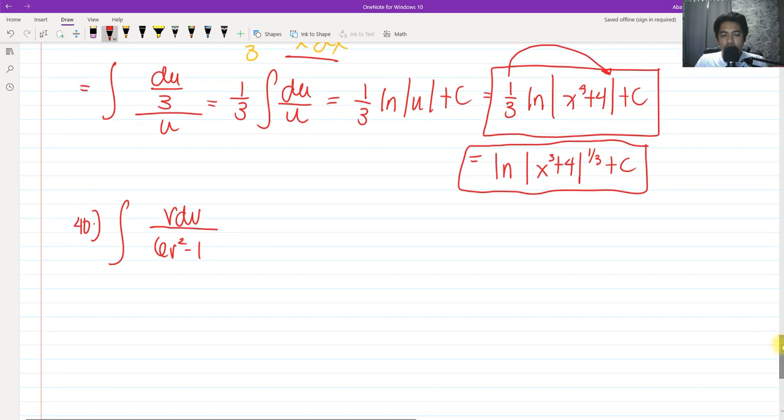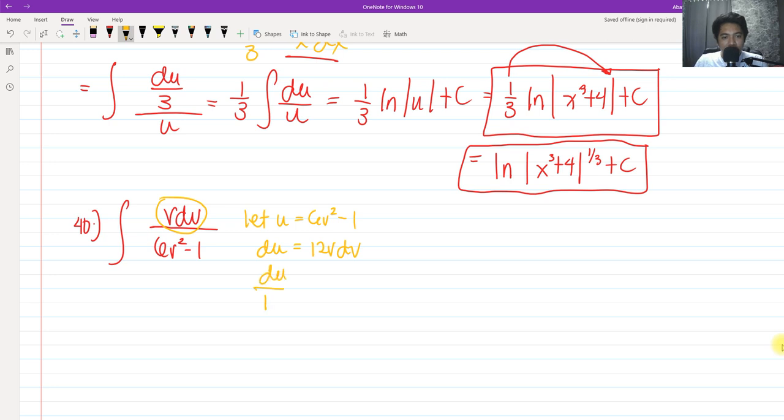Actually, this is a simple u substitution because we have v squared and then we have v on the numerator, so we can let u equal 6v squared minus 1, then get the derivative with respect to v, that is 12v dv. Okay, by power rule. So v dv, we have v dv here. I can isolate v dv here, so du all over 12 is v dv. And that's it. We can now simply substitute v dv, it's du all over 12.